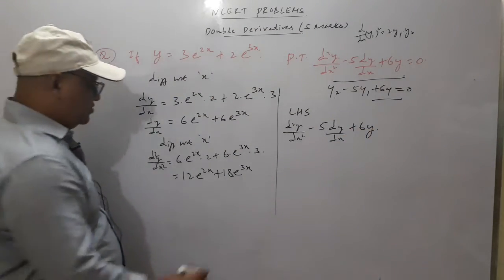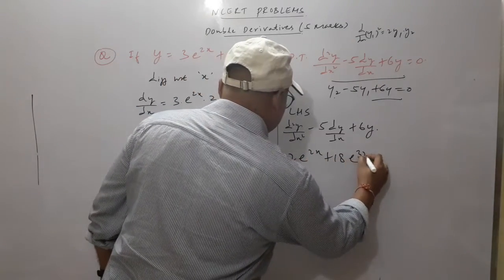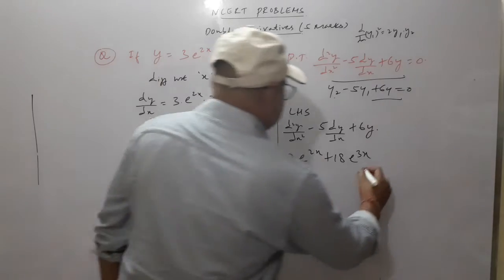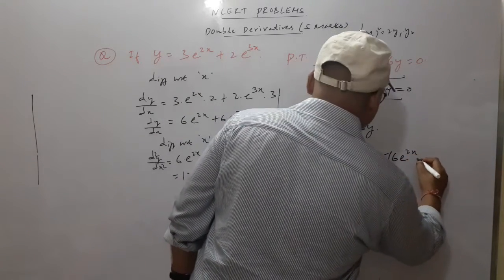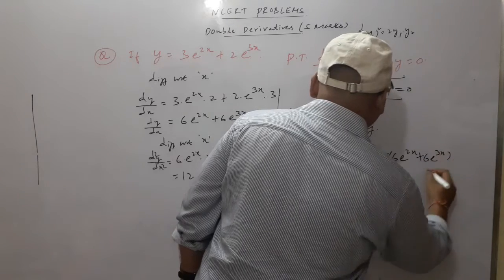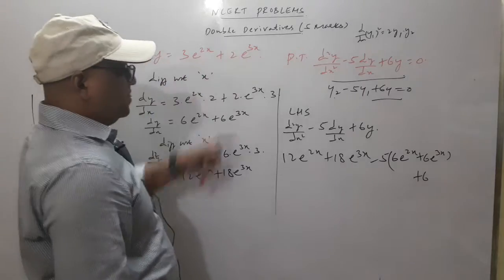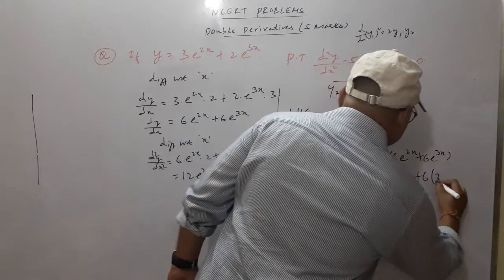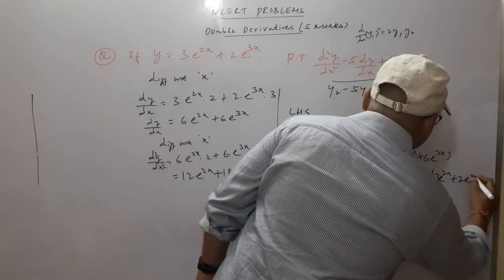Substitute this value, 12 e power 2x plus 18 e power 3x minus 5 into 6 e power 2x plus 6 e power 3x plus 6y, take this y as this value, 3 e power 2x plus 2 e power 3x.